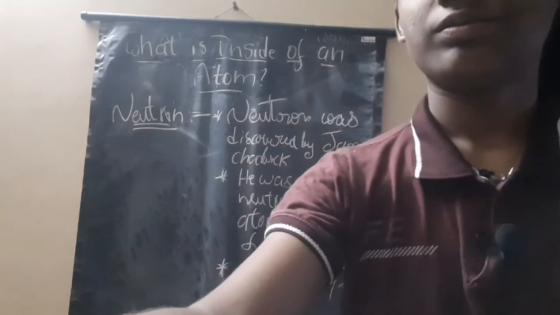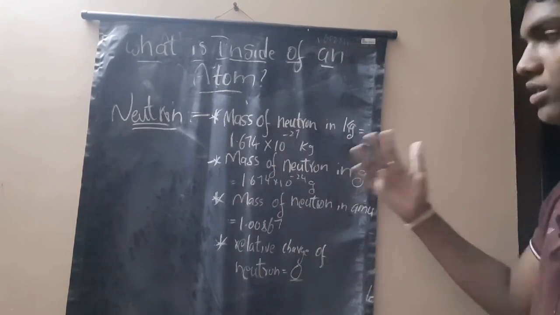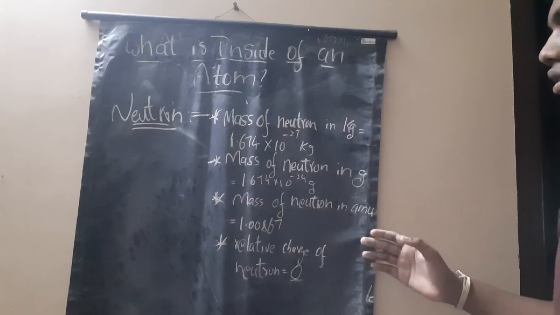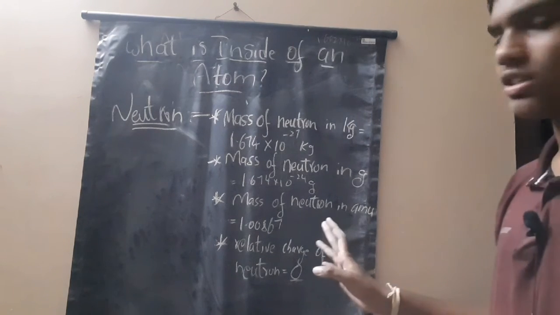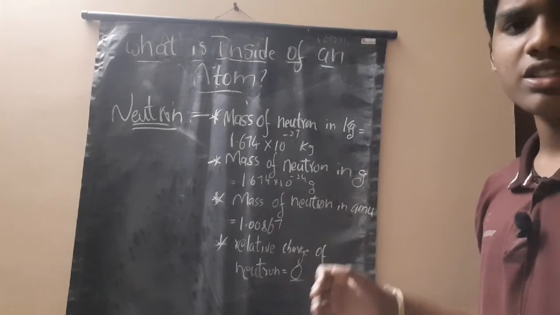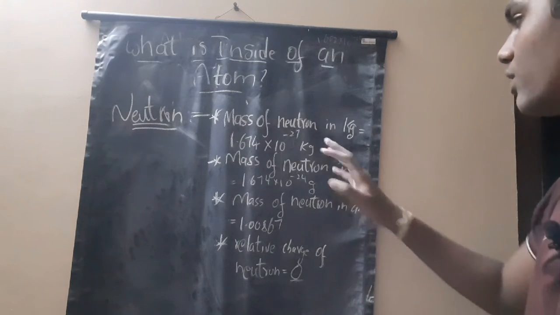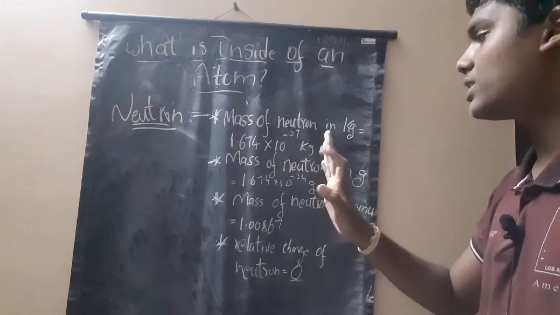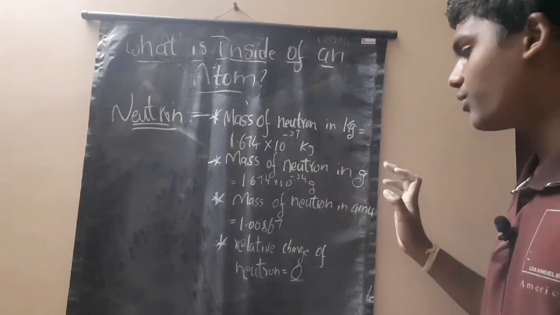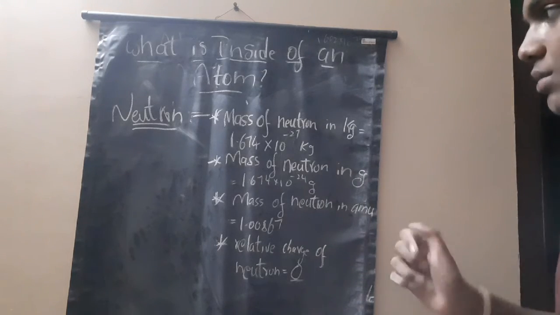Now some other points about neutrons. The neutron has no charge, the charge of the neutron is 0, but the neutron has mass in kg, grams, and atomic mass units. The mass of the neutron in kg is 1.674 into 10 to the power of minus 27 kg, the same as the proton.